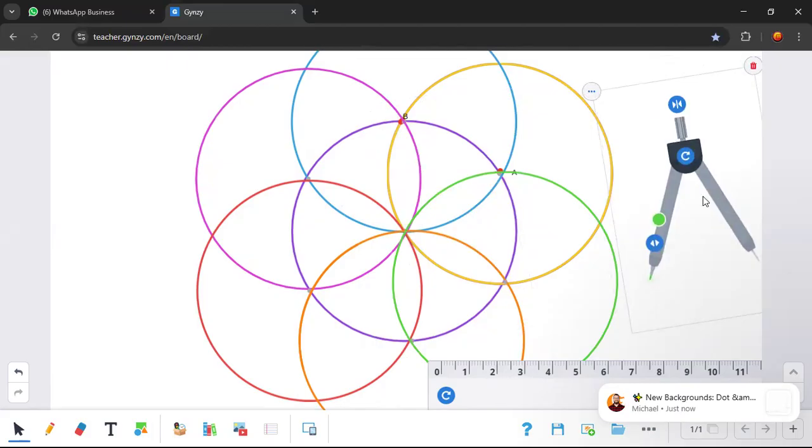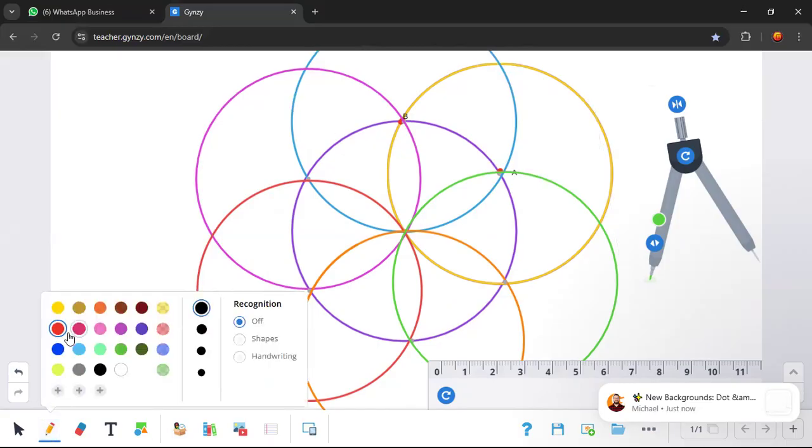What is the figure you get by joining the intersection points of these four circles and the first circle? So you have to find the intersection points like before.